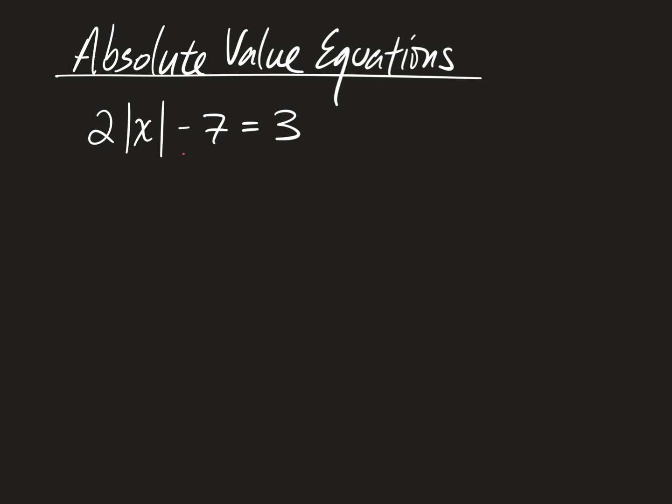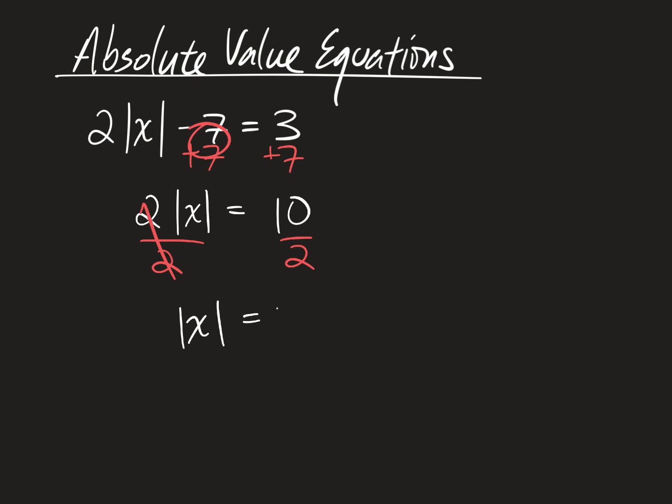So you can add 7 to both sides. That zeroes out. That leaves you with 2 times the absolute value of x equaling 10. You can divide by 2. We're just isolating that weird math right now. Cool, so the absolute value of x equals 5.